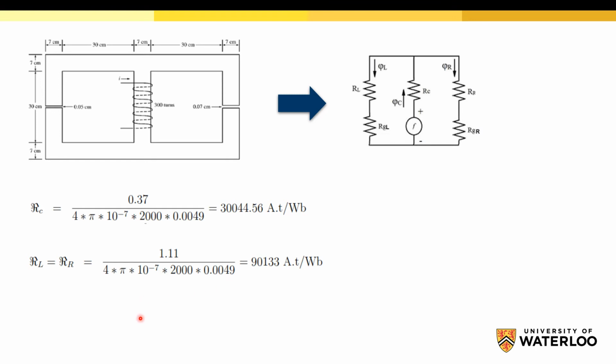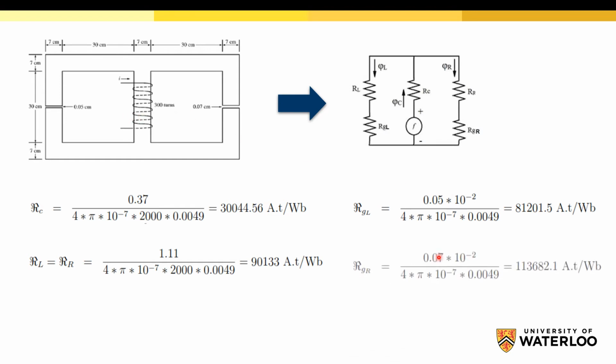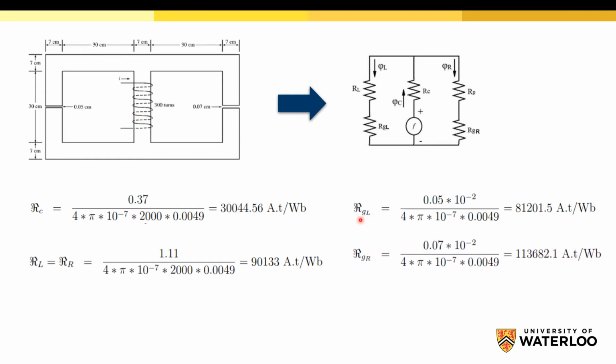And we also have the left air gap, which is not equal to the right air gap because the lengths of the air gaps are different. So we can calculate these two reluctances for the air gaps. The relative permeability for these two air gaps is equal to 1, and the length is given.